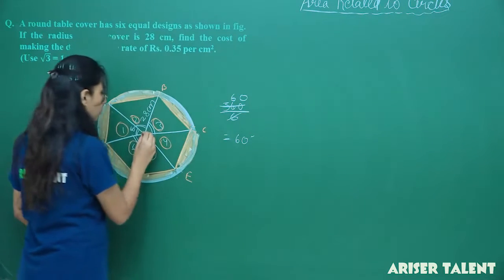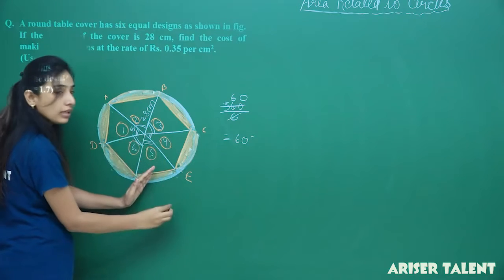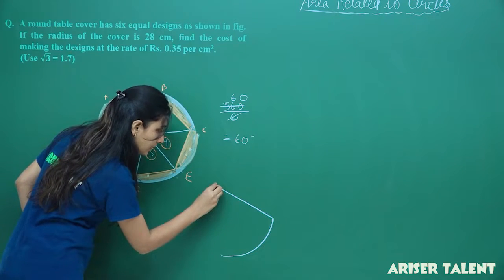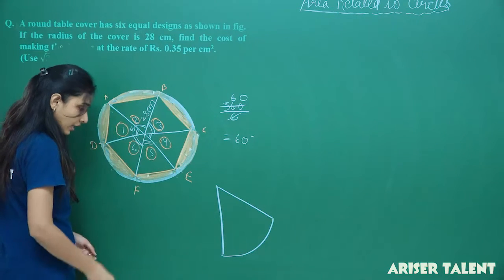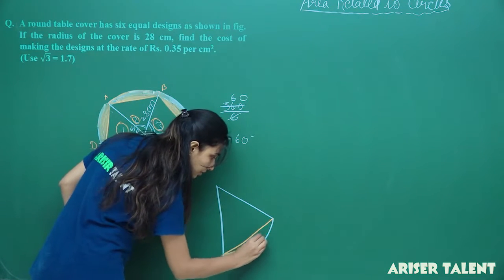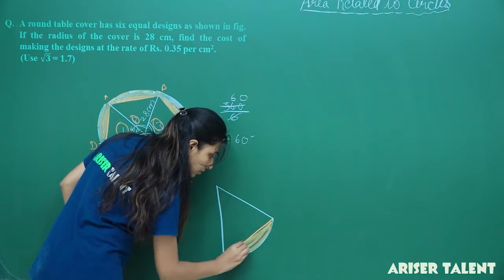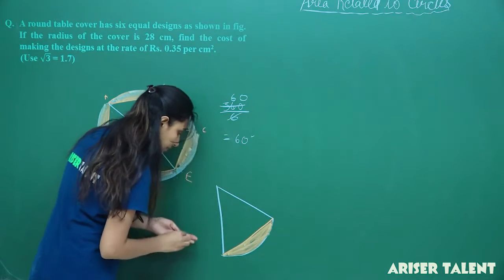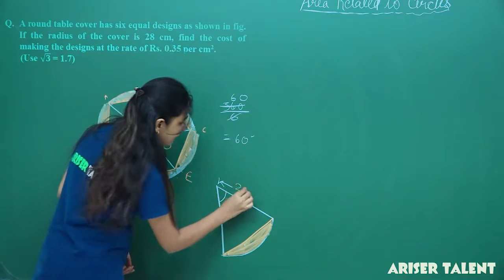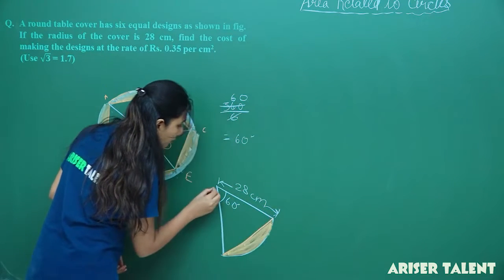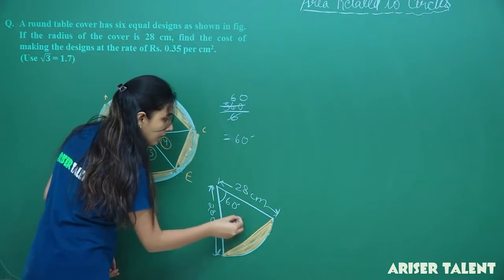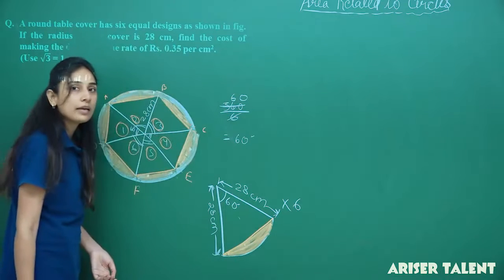Now students, if I just cut this particular sector and I will see this sector, this is like that, okay. Now I am saying for the design portion, this is the design portion. So, can I say this is 60 degree, this portion is 28 centimeters and also this portion is 28 centimeters, and I am having these sectors 6 times.